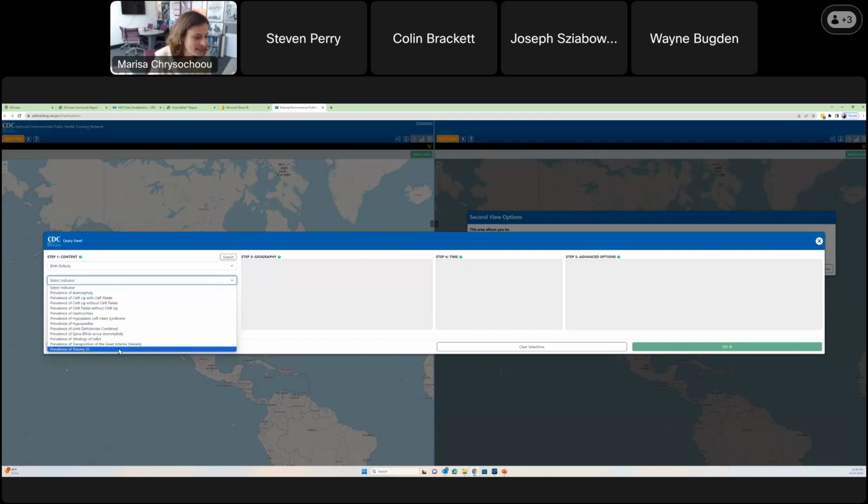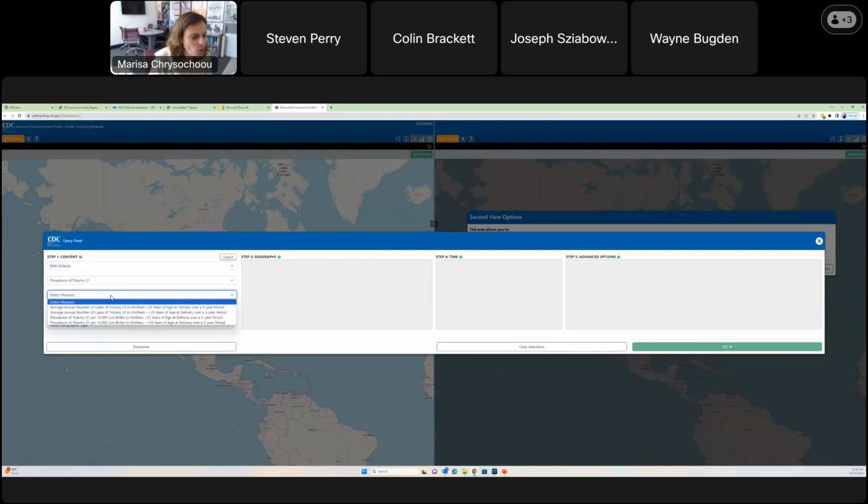So for example, I will take here prevalence of trisomy 21, otherwise known as Down syndrome, and say that I want to look at the prevalence, which is essentially the percentage per 10,000 live births. I will have to look at it for mothers less than 35 years of age and more than 35 years of age.